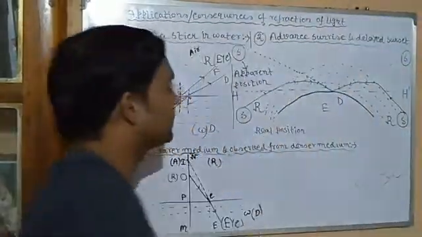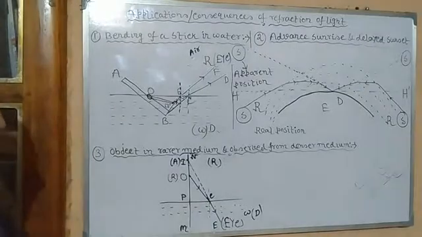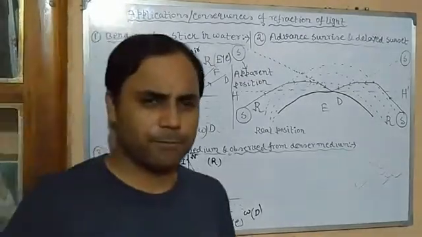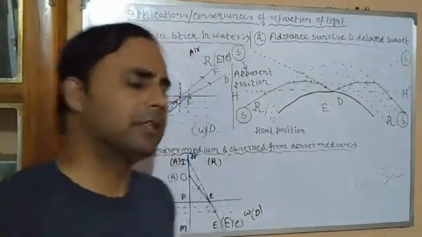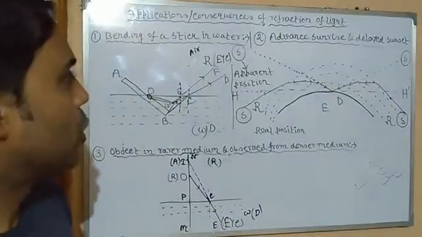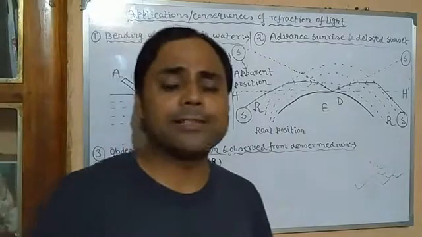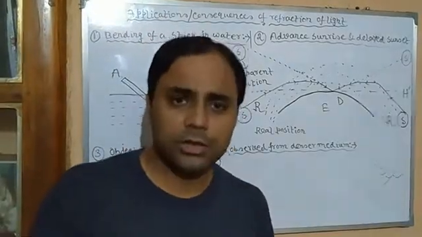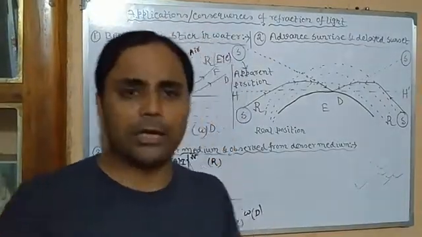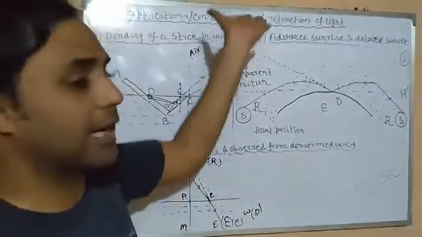Now moving on to the second topic, that is advanced sunrise and delayed sunset. I think you have already gone through it in class 8. Okay, so let's try to understand it through a diagram. What do you mean by advanced sunrise? Advanced sunrise means the sun has actually not risen, but 5 or 10 minutes before, we can see the sunrise in advance.